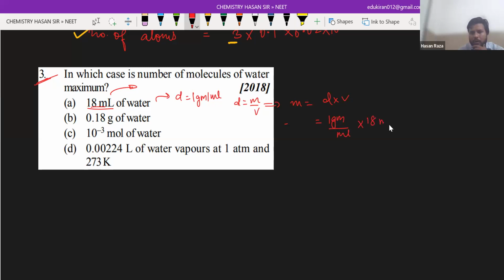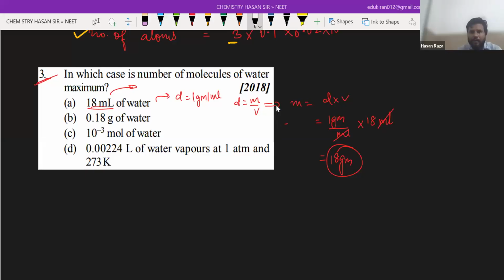Now you can see ml and ml will be cancelled and it will be 18 gram. This will be 18 gram. Is my voice lagging? Yes, sir. It was in the beginning. Am I audible? Yes, sir.